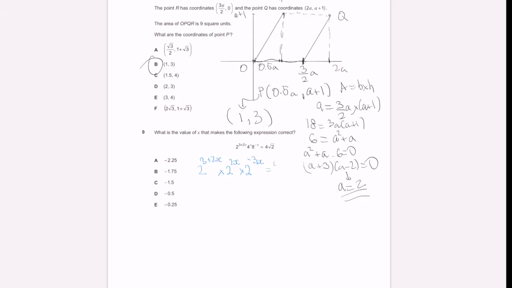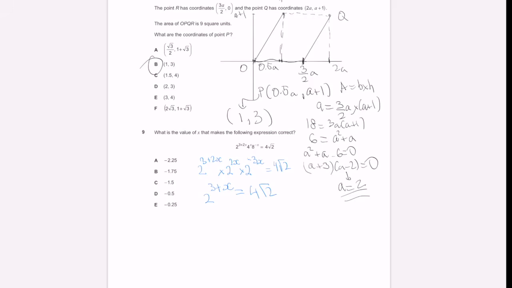So this whole thing is just equal to 4 root 2. Let's simplify this a little bit. We're going to get 2 to the 3 plus 2x, 2 to the 2x minus 3x. So that's going to give us 3 plus x, which is equal to 4 root 2.